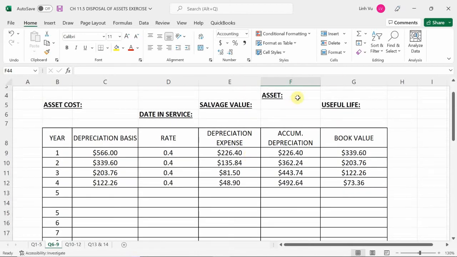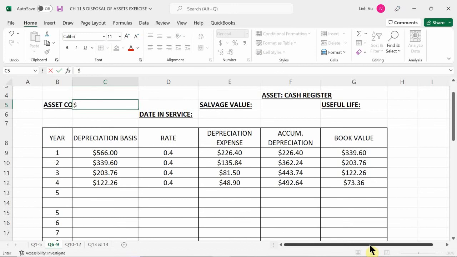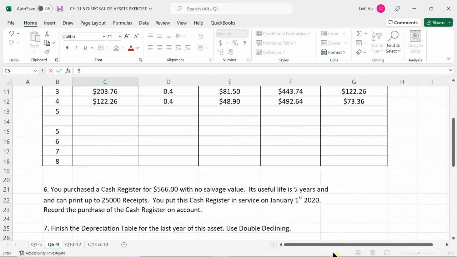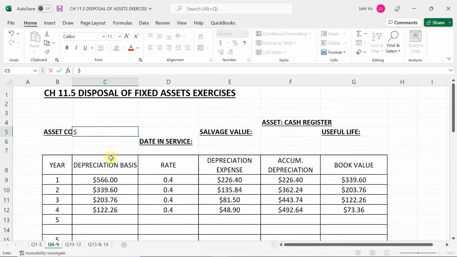So in this case, what did we buy? Cash register. How much was it? I think the salvage value didn't have one. The salvage value didn't have one, but how much did I purchase my cash register for? $500 and $566. $566.